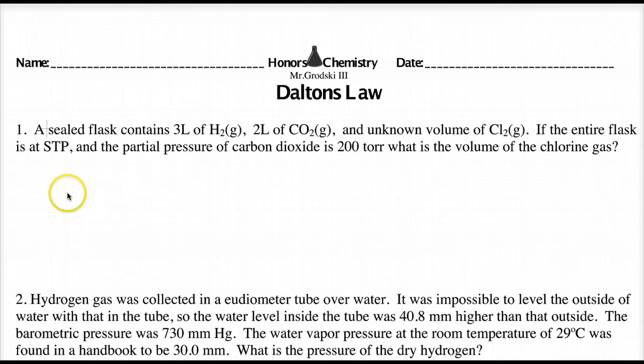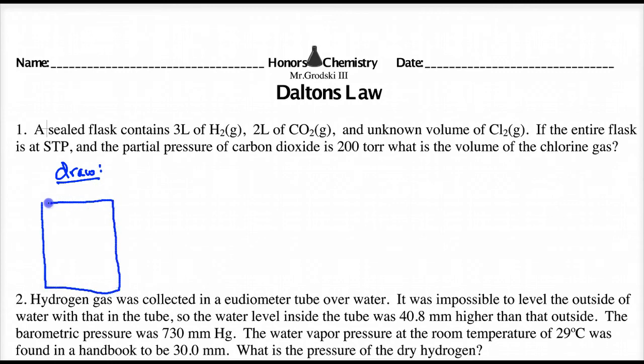So in any case, I got a sealed flask, so the first thing I do is I draw when I can. So I've got a flask or a container, and I guess my containers aren't that fun looking, so I'll draw myself a little rectangle here. And I know that I have 3 liters of hydrogen. Again, these liters I'm giving it to you, it's kind of like that demo I did today where we're injecting 3 liters of hydrogen into this container, because once hydrogen gets in the container, it fills the entire container.